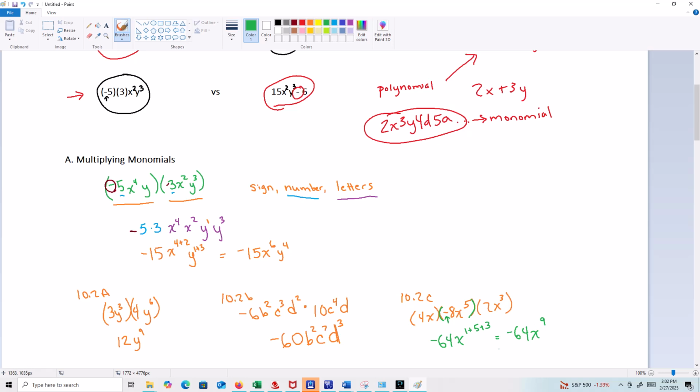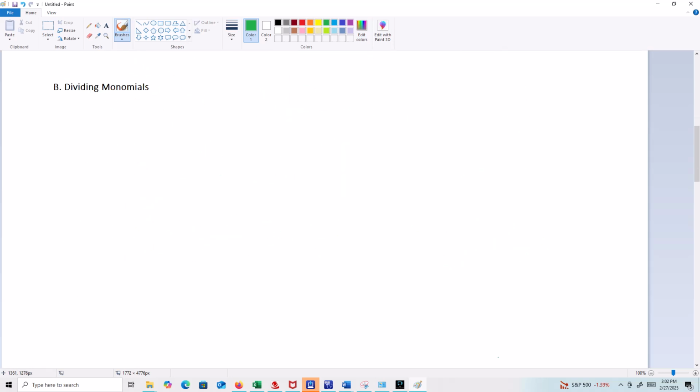All right, we have one more thing to cover, and that is dividing monomials. In this example, it's on page 480, we have 10a cubed b to the 4th divided by negative 5ab to the 5th.